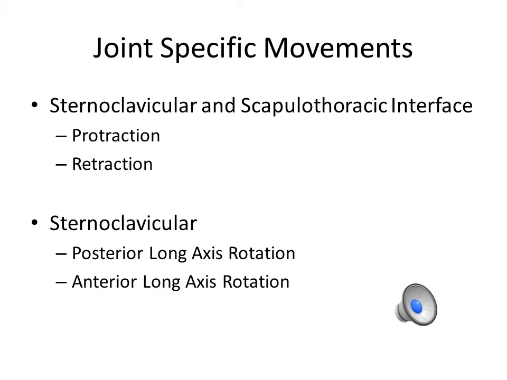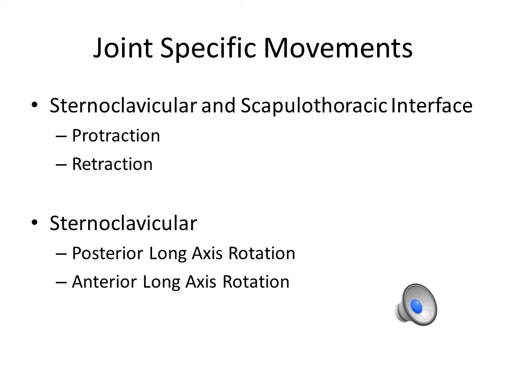Scapulothoracic interface retraction would be the opposite of protraction, where the scapula moves posteromedially on the thorax. So scapulothoracic interface protraction and retraction would be as if you were squeezing the shoulder blades together and then spreading them apart.